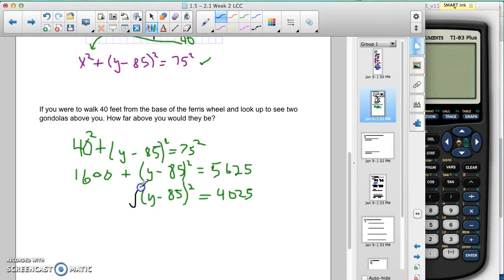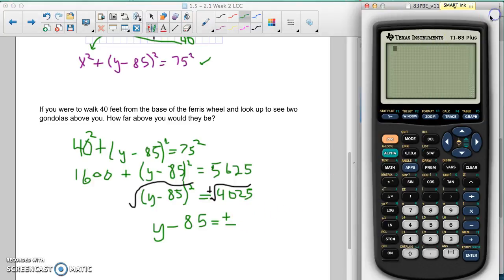So if we take the square root of this side, it should get rid of the square, and if we take the square root of this side, we should get two values, because when we take the square root, it's a plus or minus value. So we're going to end up with y minus 85 equals plus or minus 63.44, I believe.